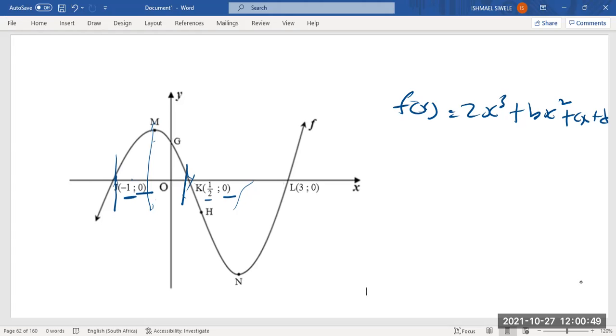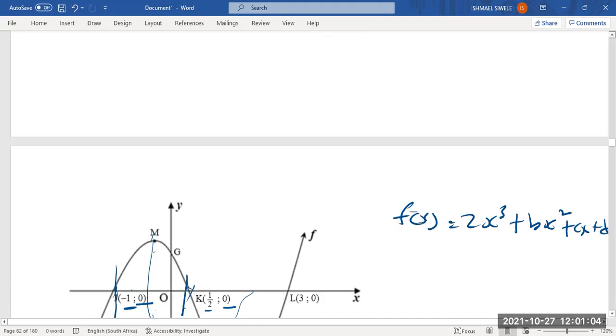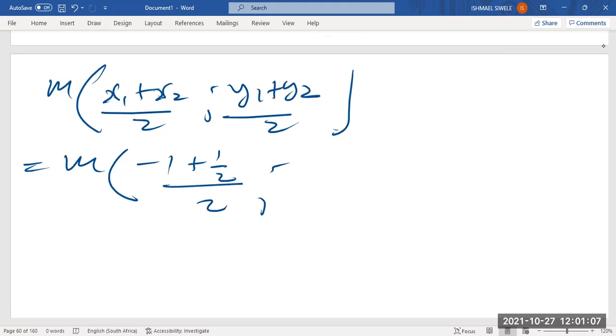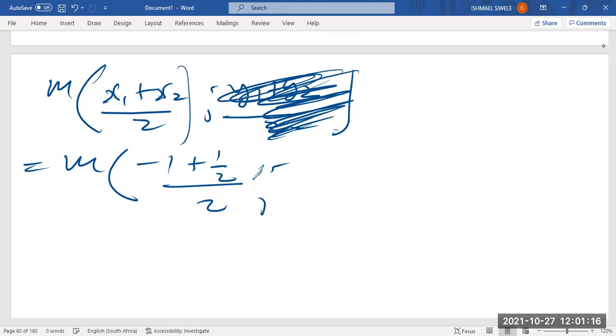Is what I'm doing here correct? Yes, for the x, it's correct. And for us to find the y, we have to substitute into the original graph. So this part doesn't apply here, but for the x, it does apply.